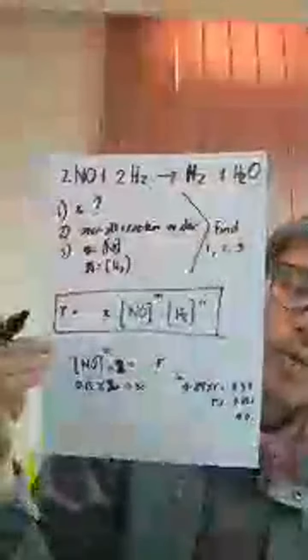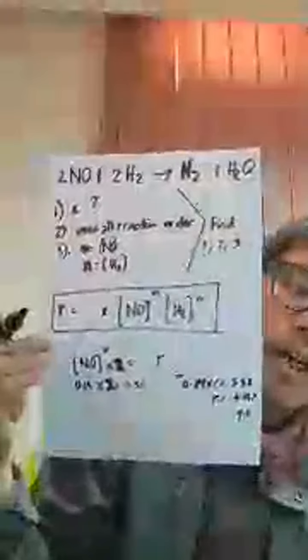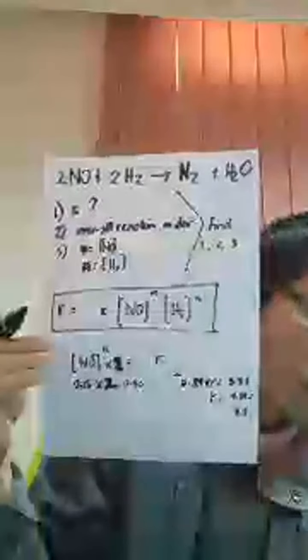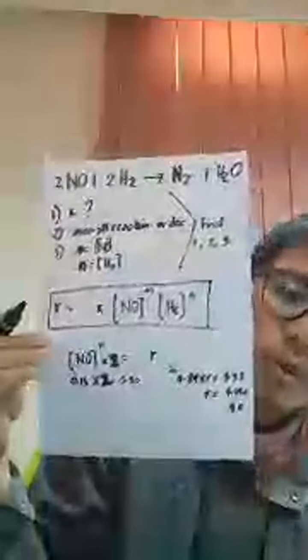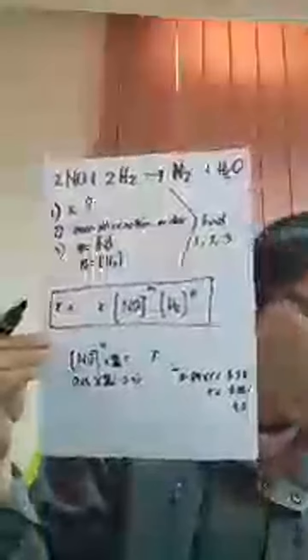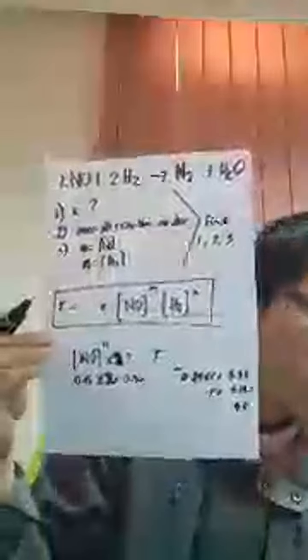See? So the initial concentration times 2 is equal to 0.30, based on our data. You need to multiply the initial concentration by 2 in order to get 0.30 molar in the second trial of the experiment.